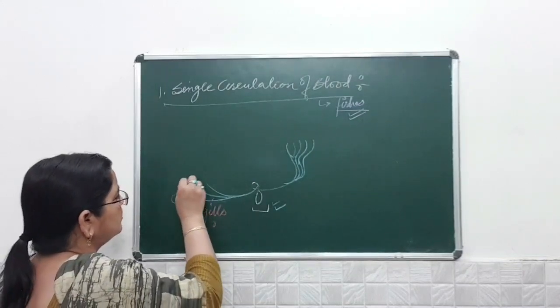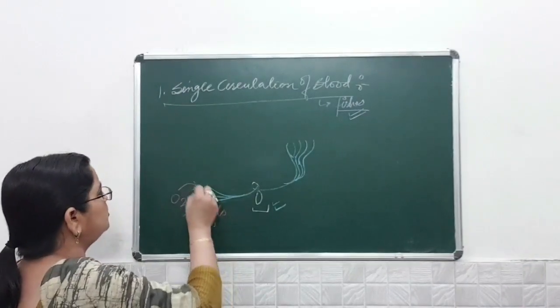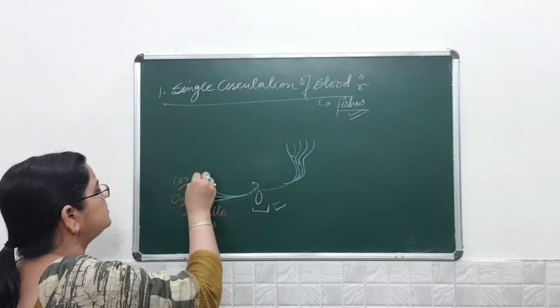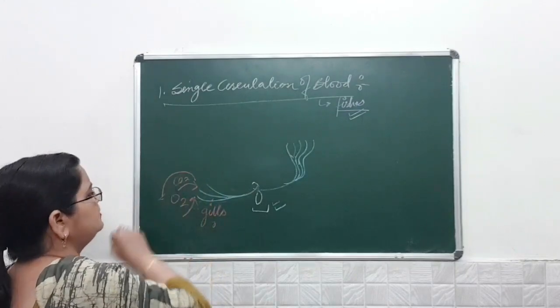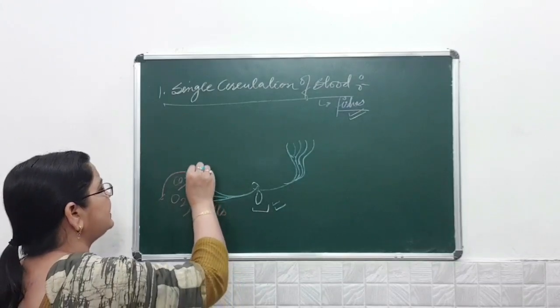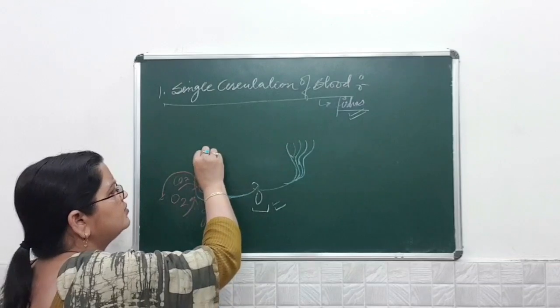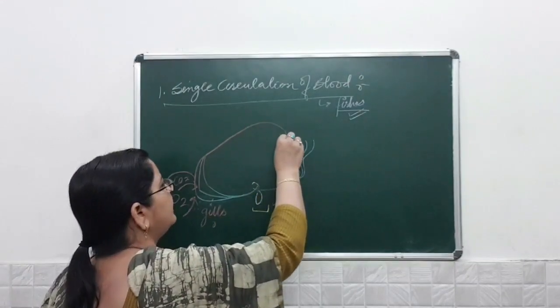Oxygen moves inside the blood and CO2 moves outside the blood, and this oxygenated blood again moves to the body tissues.